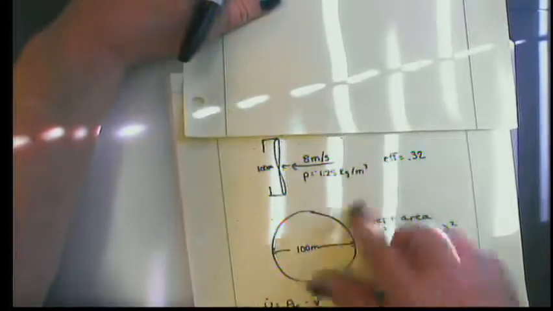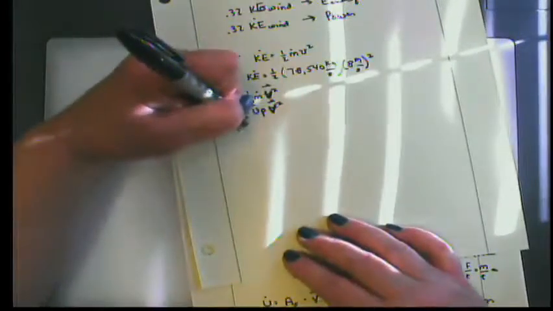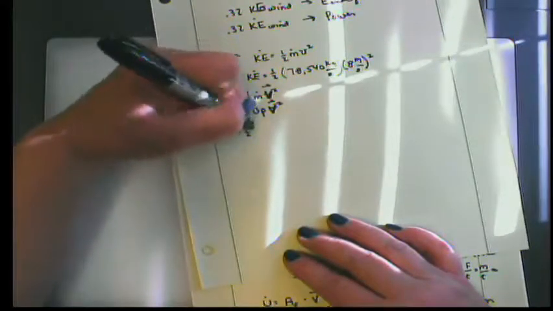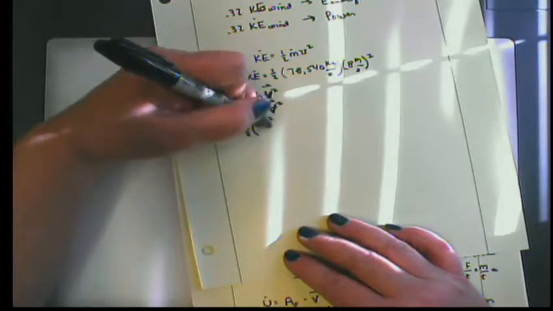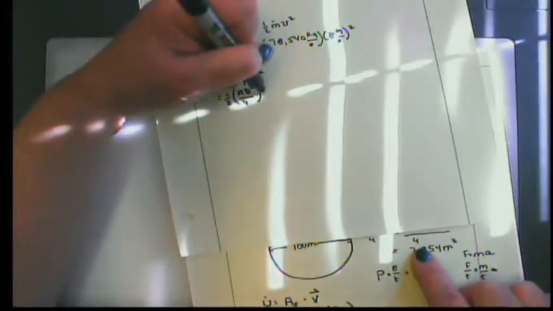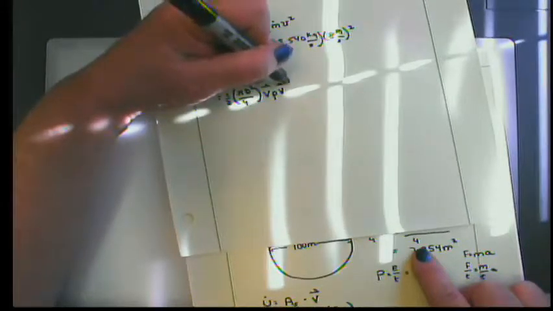Okay, and then volumetric flow rate is the swept area times the velocity. So this is equal to 1/2, and then we have pi d squared over 4, which is the swept area, times the velocity times the density times the velocity squared.